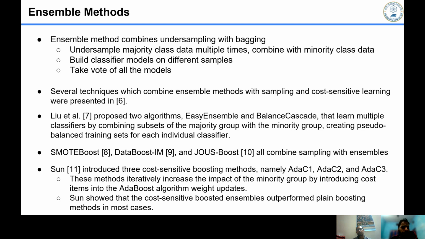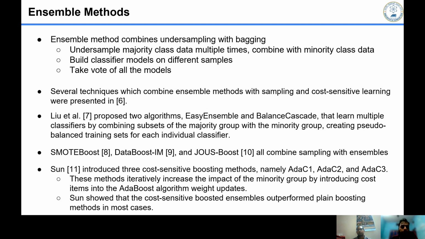Then other variations which have been tried in ensemble setup are SMOTEBoost, DataBoost-IM, and JOUSBoost, which combine basically sampling methods with the ensemble concept. Sun in his work introduced three cost sensitive boosting methods, namely AdaC1, C2, and C3.